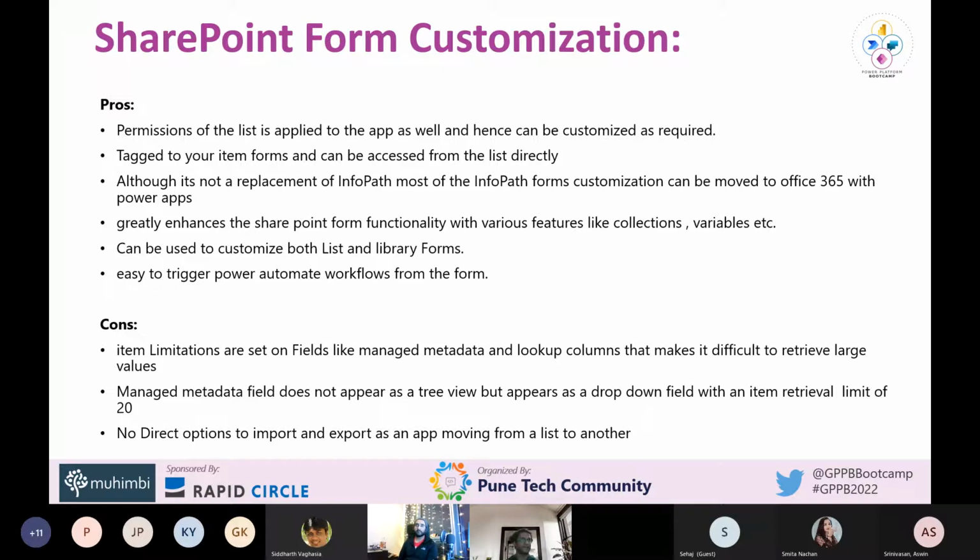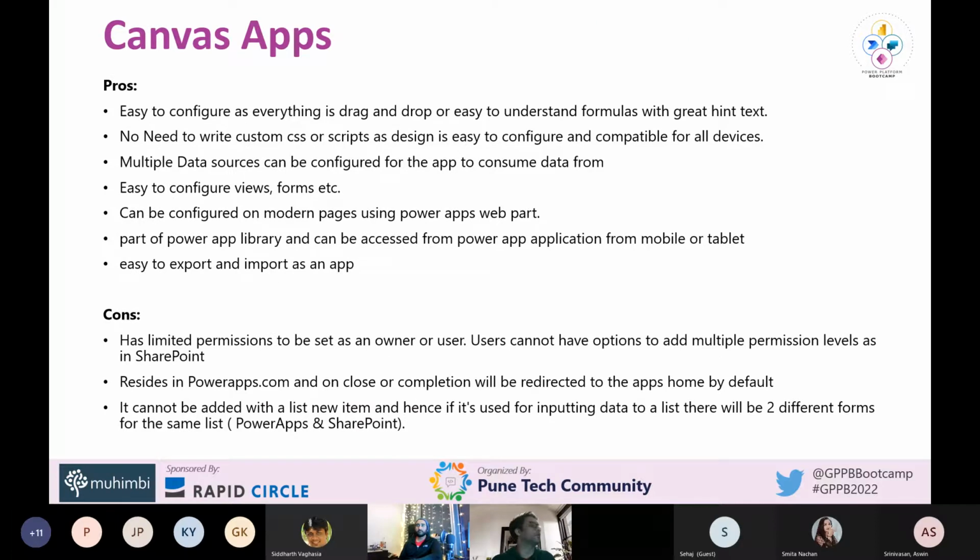Managed metadata has its own problems where the tree view becomes a drop down and all those things. The import and the export of it, you can still do it, but again, there is a workaround for it. So these are some of the pros and cons to consider when deciding whether you want to customize a SharePoint form or use a Canvas app to input data into SharePoint.